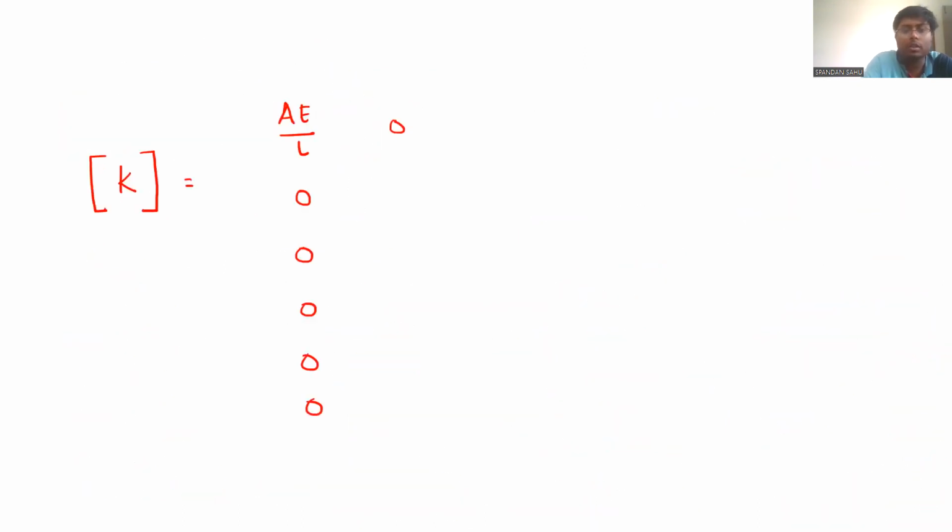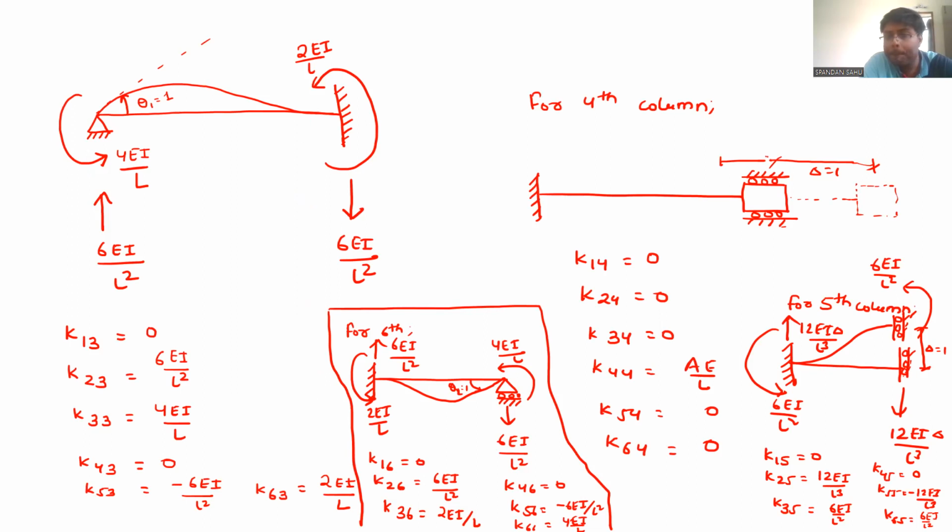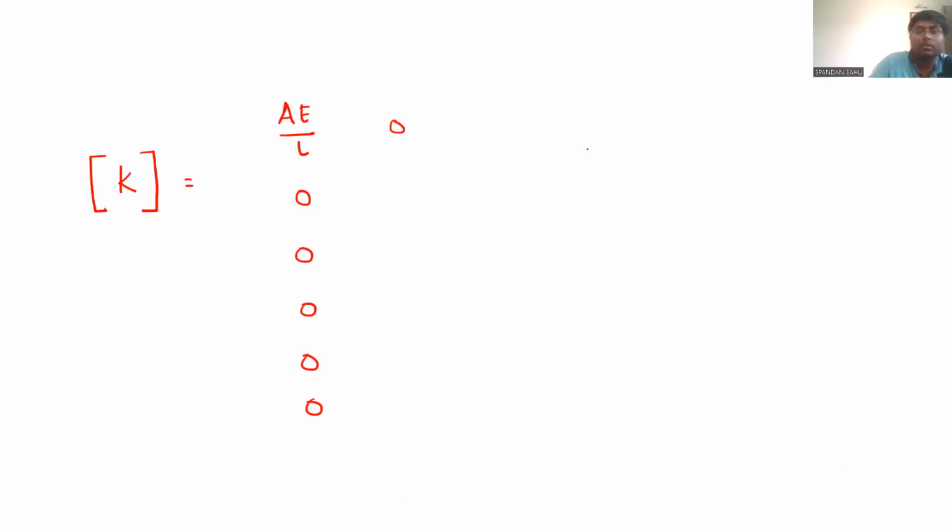K12 is also 0. K13 is also 0. K14 is also 0. K15 is also 0. Everything is 0. 1, 2, 3, 4, 5, 6.